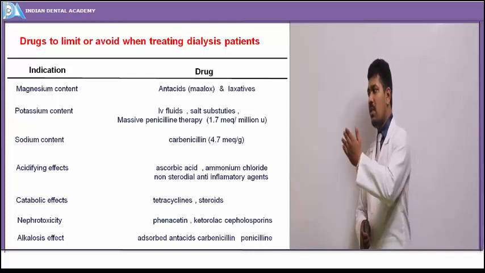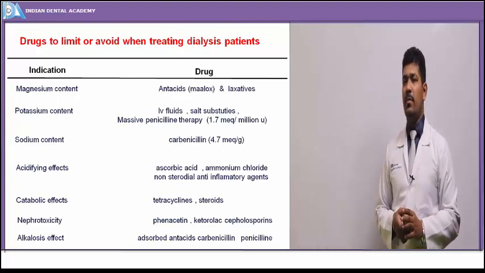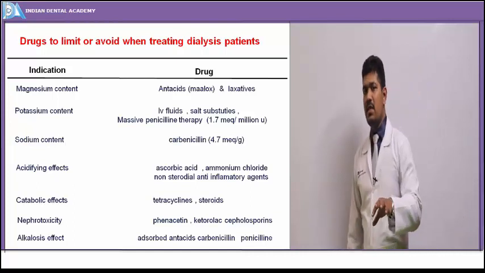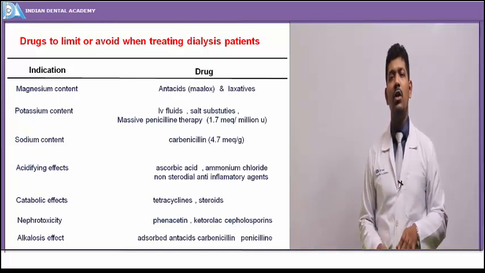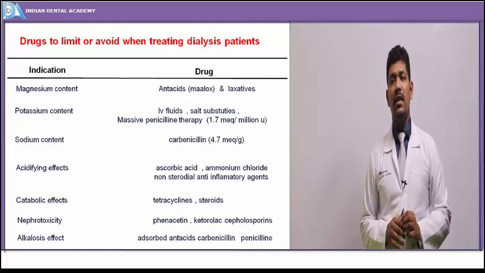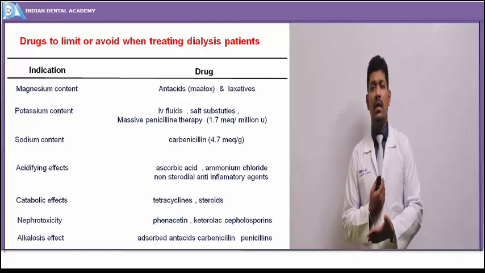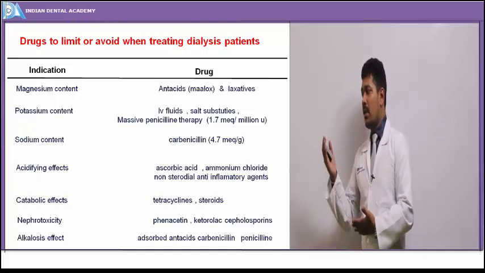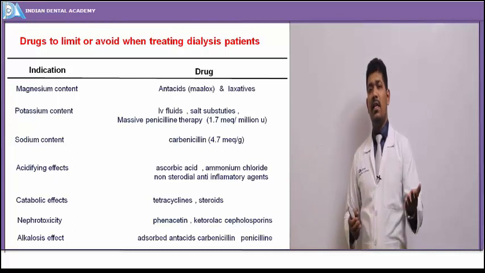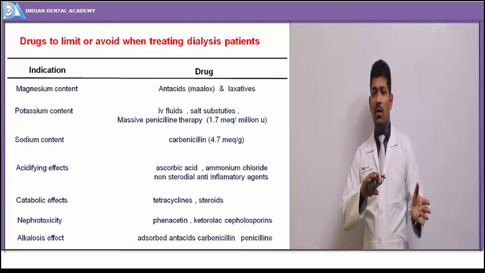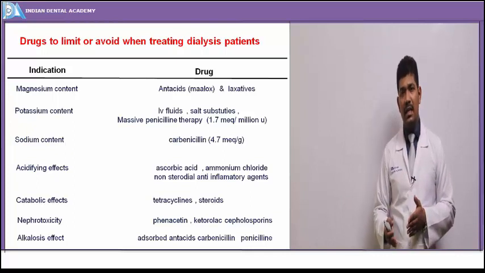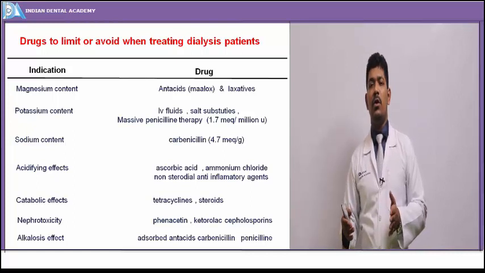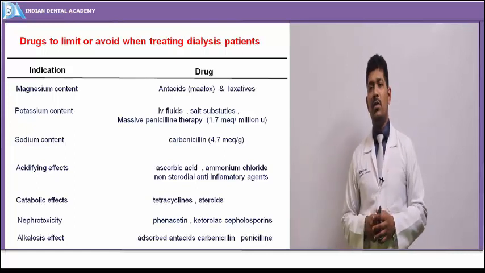Similarly, penicillin therapy, one of the mainstays of antibiotic therapy, increases the potassium content and is not to be used in cases of CRF, wherein the basic excretory system is hindered. Similarly, carbenicillin increases sodium content. So in all cases wherein penicillin is indicated, you have to search for alternative antibiotics which can do the same job without producing these side effects.